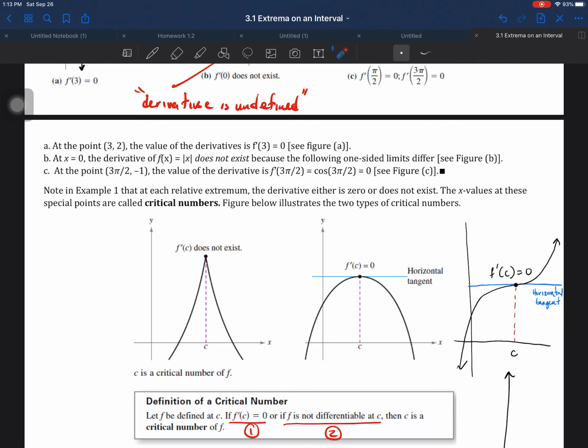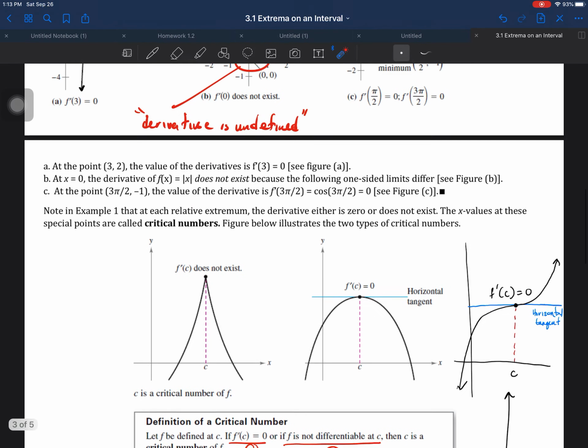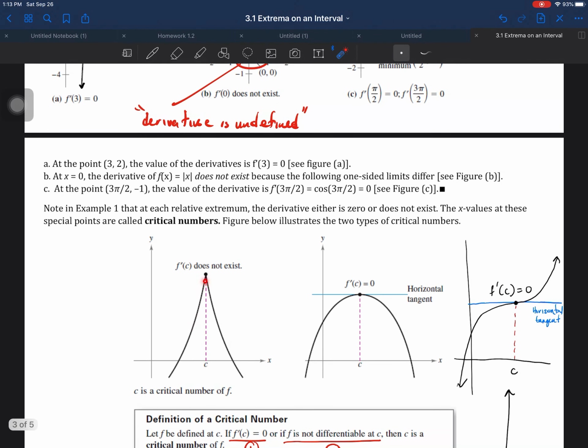Whenever you have a peak, or wherever your derivative is undefined, or wherever your derivative is 0, we're going to call those critical numbers.